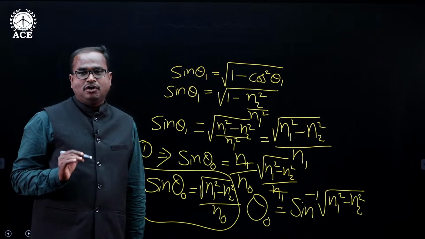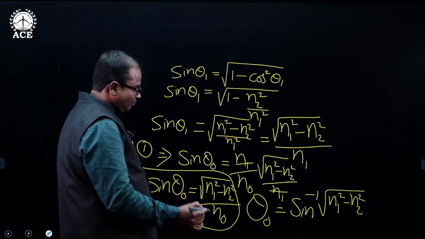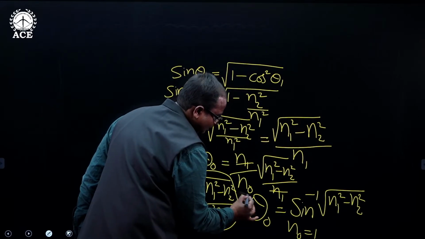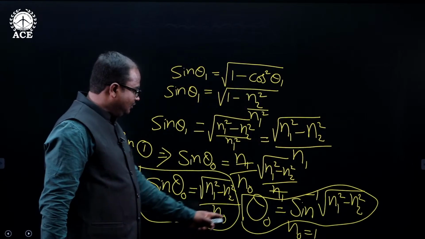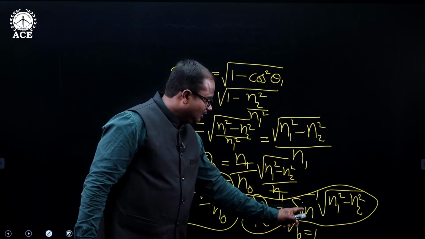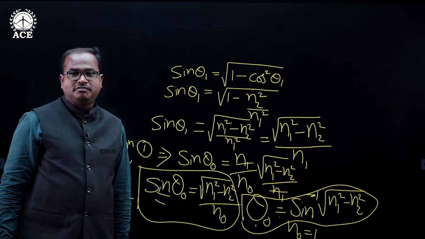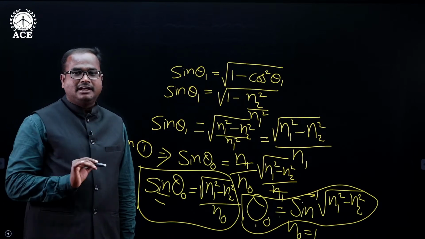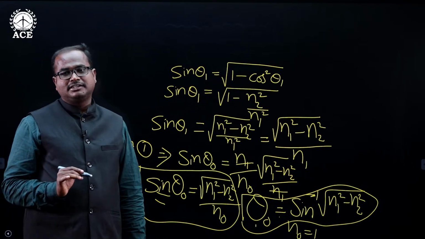N naught is the refractive index of the air medium, which is generally taken as 1. So finally, the acceptance angle is sin inverse of under root of N1 square minus N2 square. N1 is the refractive index of core medium, N2 is the refractive index of cladding medium.